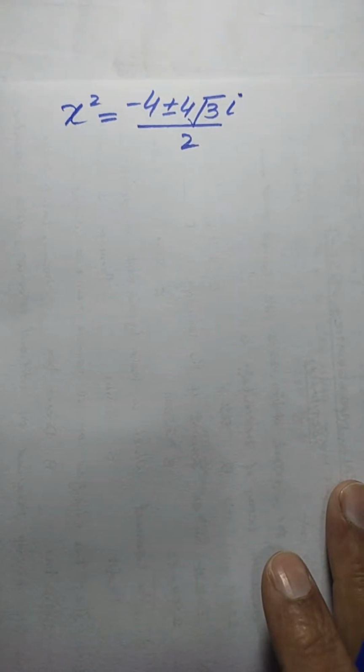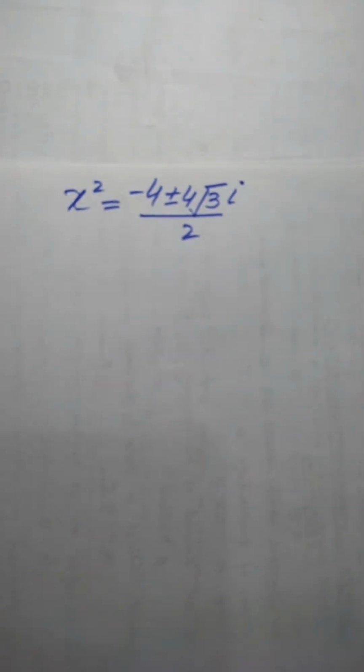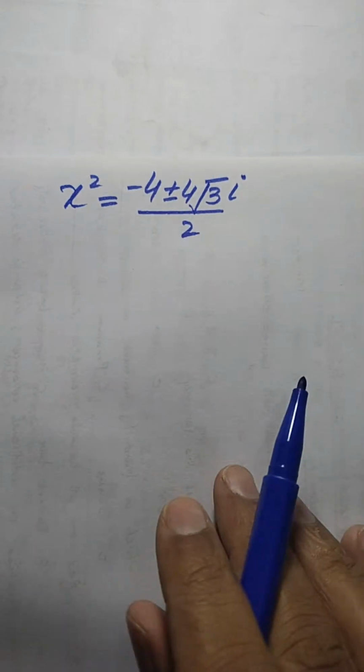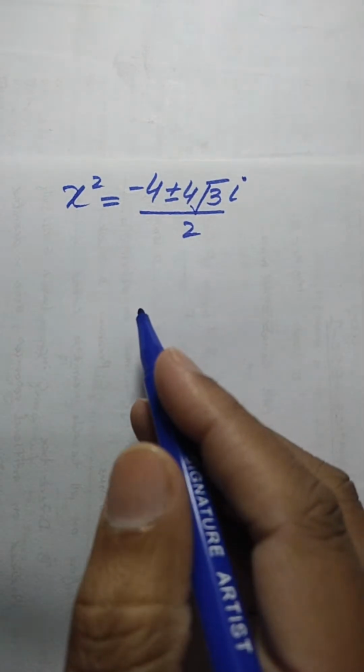So this is our x square value, and now from this equation we move towards our final destination, and our final destination is that we need to find the values of x.